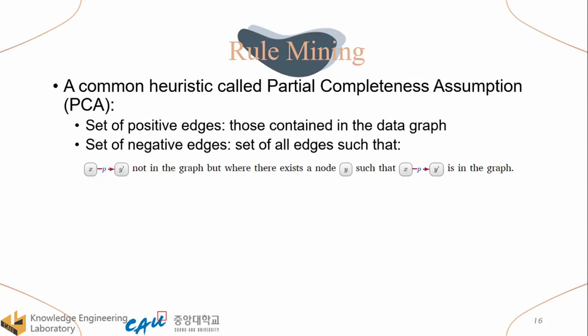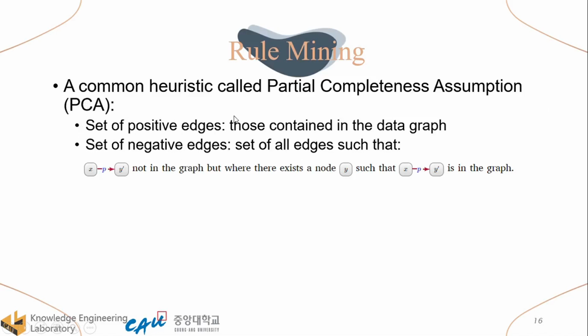So how can we know which edges are positive and which edges are negative? There is a common heuristic called the partial completeness assumption, or PCA for short, which defines the positive and negative edges like this.